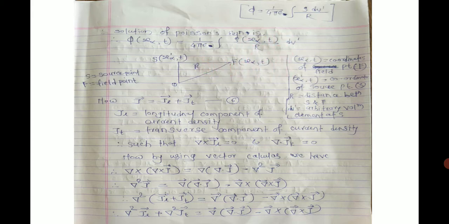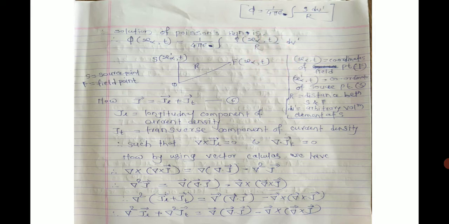This is the solution of the Poisson equation del square phi is equal to minus rho divided by epsilon naught. Here x alpha comma t is the coordinate of the field point, and x dash alpha comma t is the coordinate of the source point.